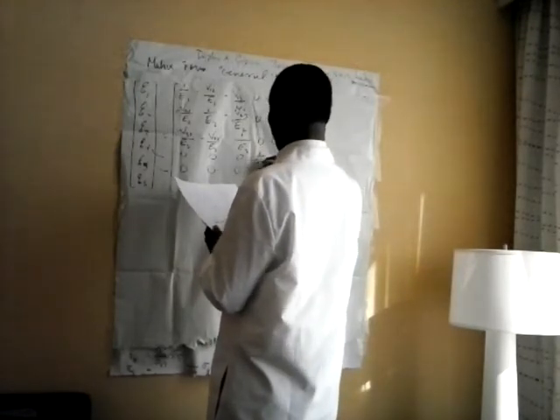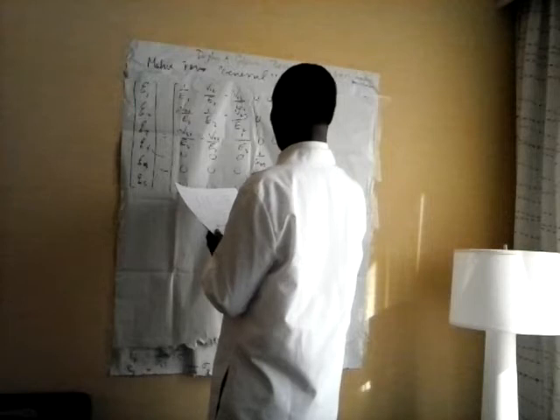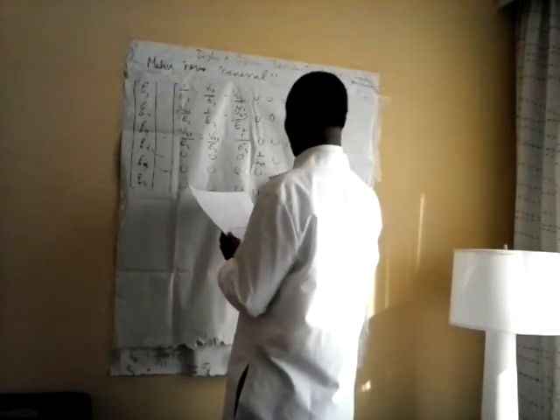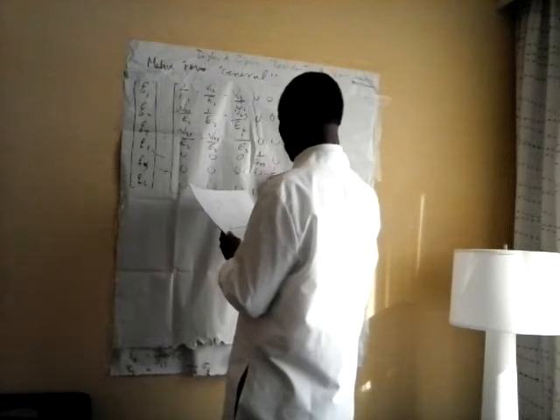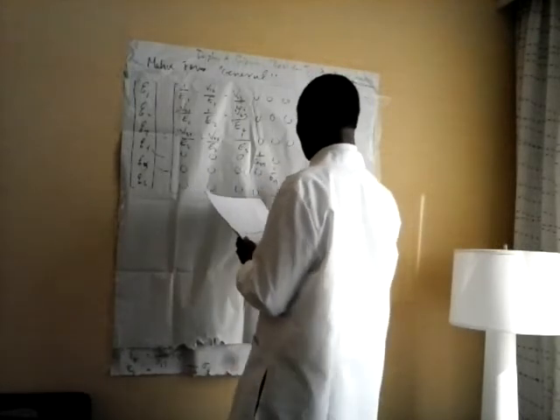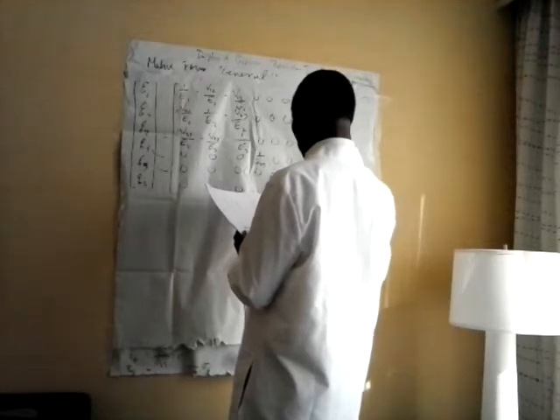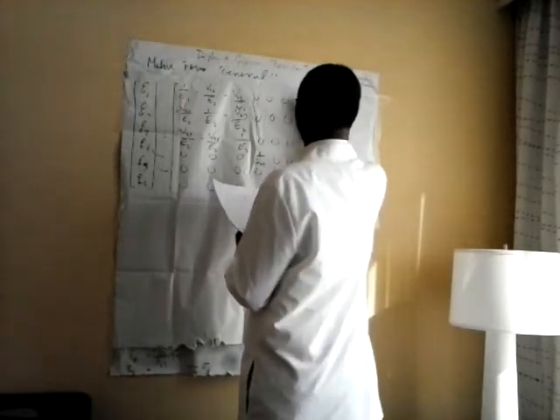Then 1 over G23, 0, 0, 0, 1 over G13, 0, 0, 0, 1 over G12.